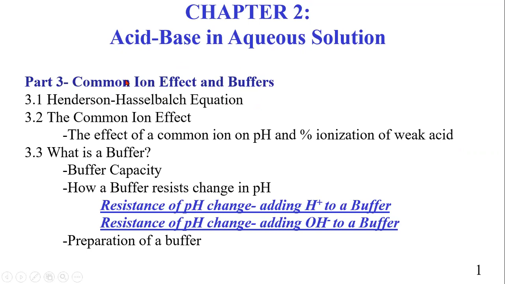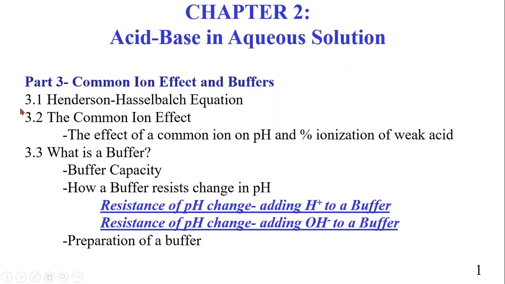Buffers are a type of common ion, where we have a weak acid and its common ion, which happens to be a salt of its conjugate base. Or we're going to look at a weak base and its salt of the conjugate acid of that base. You're going to see examples of it.